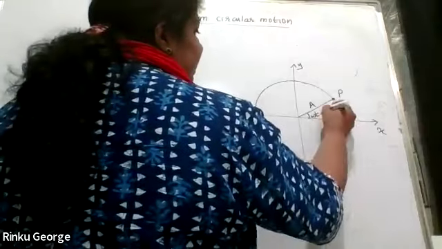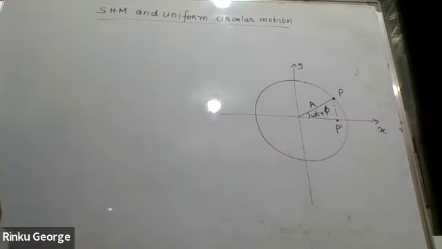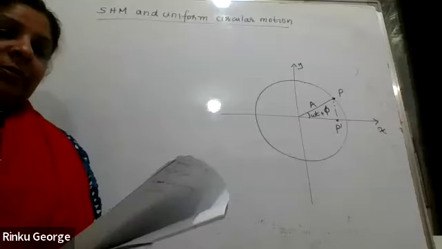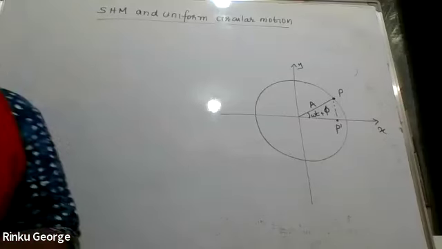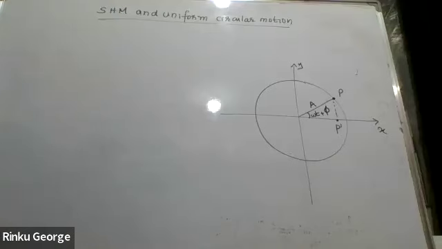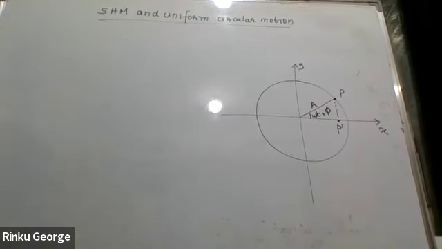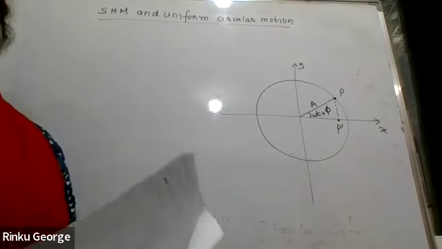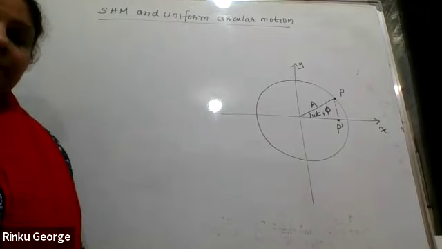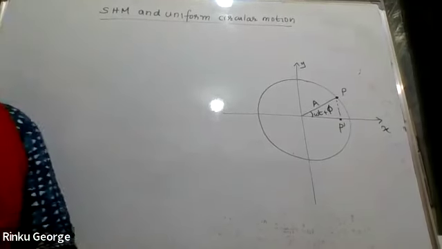The projection of point P on the x-axis is given by P dash.